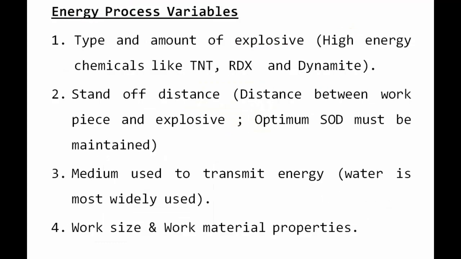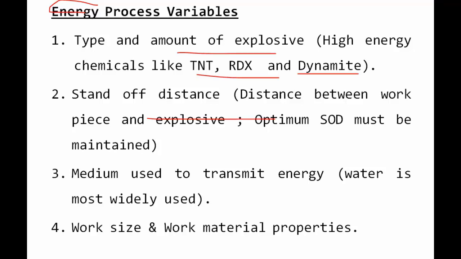Next, what are the variables in this process based on energy? Type and amount of explosives: here TNT, RDX, dynamite are given. These explosive materials are chosen based on thickness, and how much explosive to use is also chosen on that basis. As I already said, there is the stand-off distance between the work and the explosives.